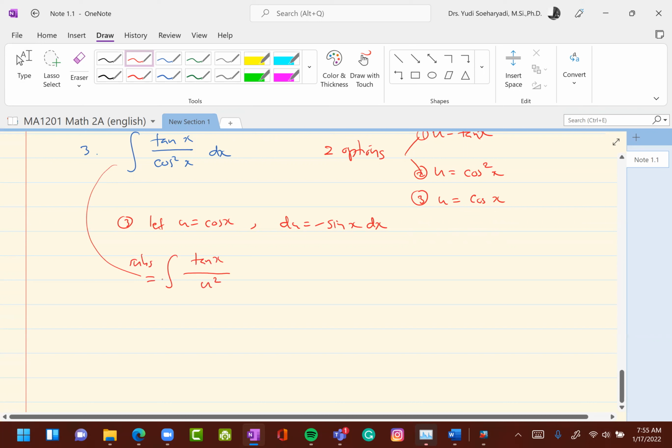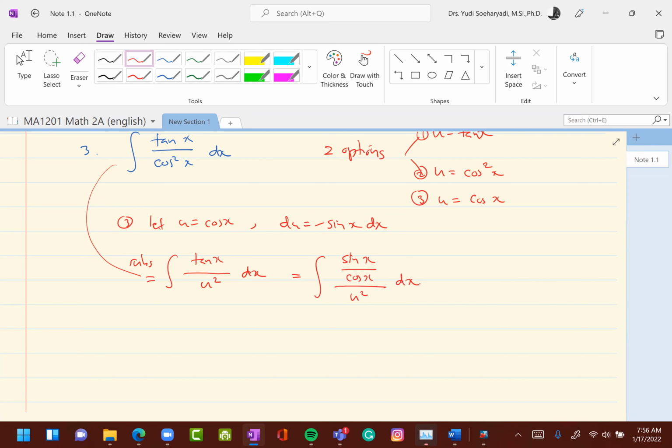Well, let's simplify a bit. Actually, you have sine, because in this form the tangent is sine x over cosine x, times u square dx.